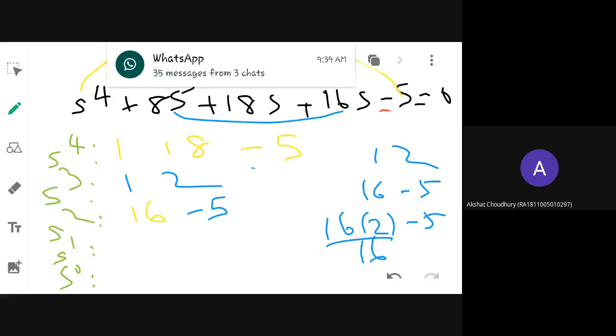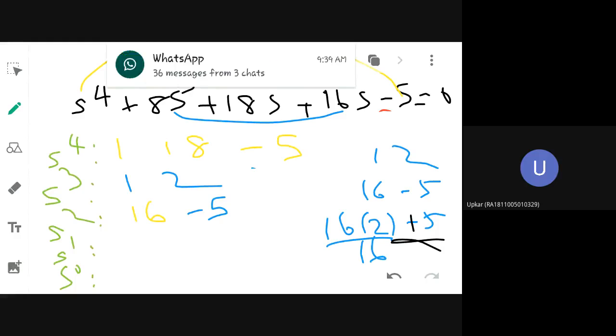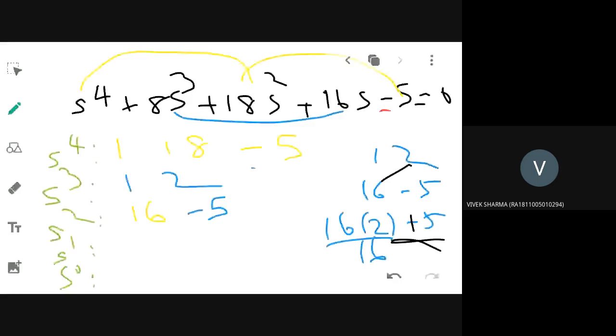16 into 2 is 32. And one more thing, I have written minus here: 16 into 2 minus of minus 5. Minus of minus 5 will become plus 5.